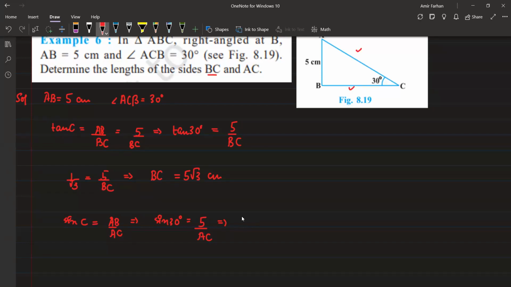So it would be 5 by 1 by 2 equals 5 by AC. Just a second, my pen is causing a bit of a problem. So cross multiply them. AC equals 2 into 5, which is equal to 10 centimeter.